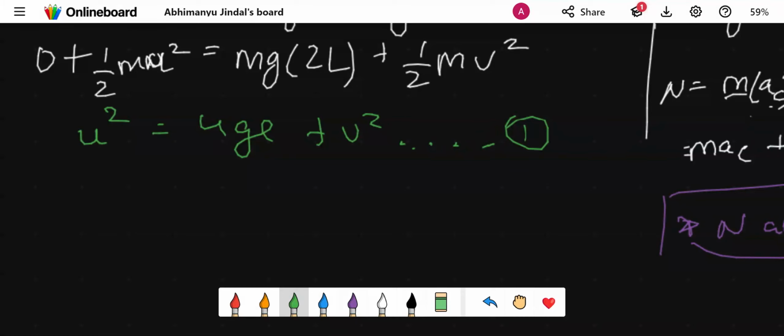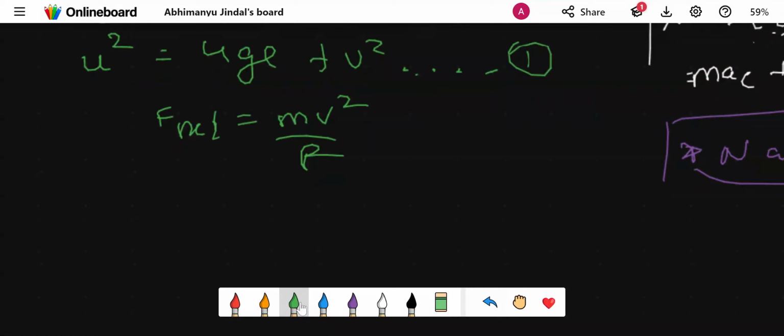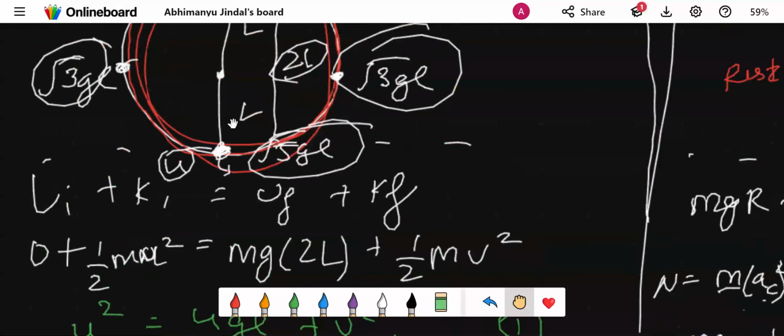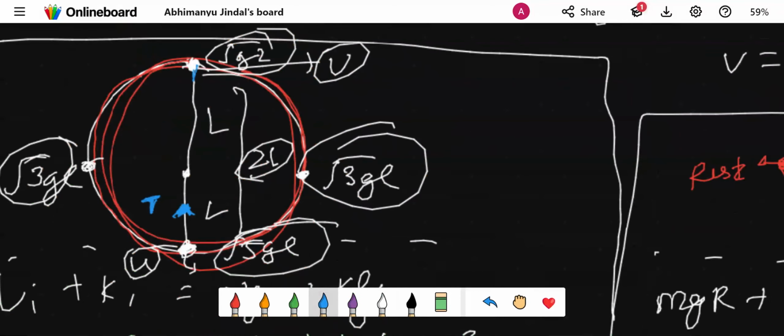Now the second equation, think of it. I told you what to do. Net force F net equals mv squared by r. Use this. As soon as you use this, you're going to get T minus mg, tension minus mg, will give you mu squared by L. Tension is the tension in the string. Don't forget this. There's a tension in the string right here, and there's tension here as well. This is T1, this is T2.